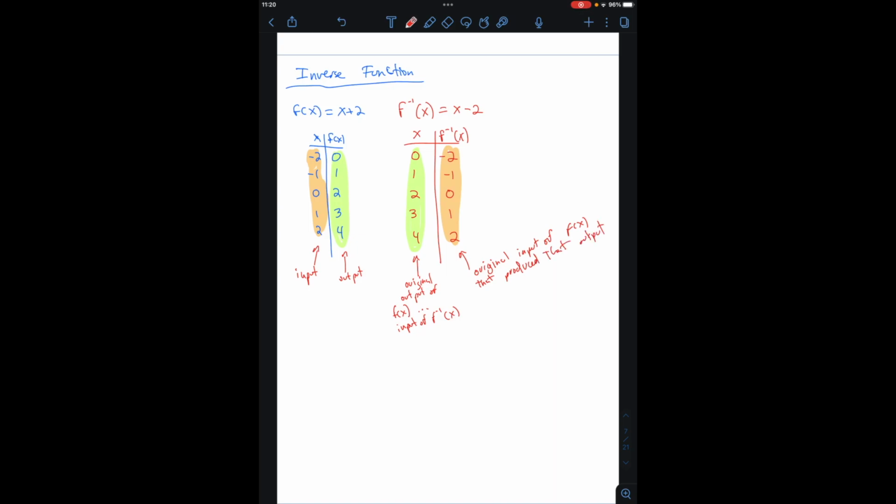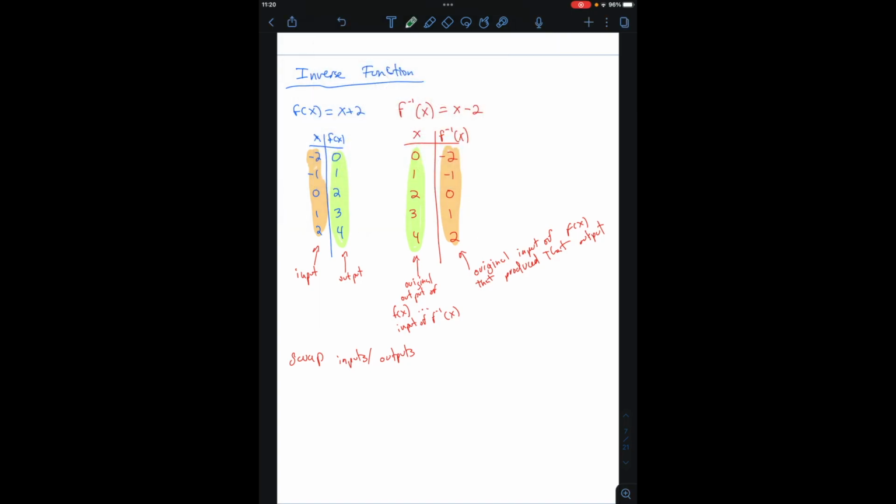Okay, and that ends up being our output of f inverse x. So it has the feature of swapping inputs and outputs. Okay, it allows us to know how we got that output.